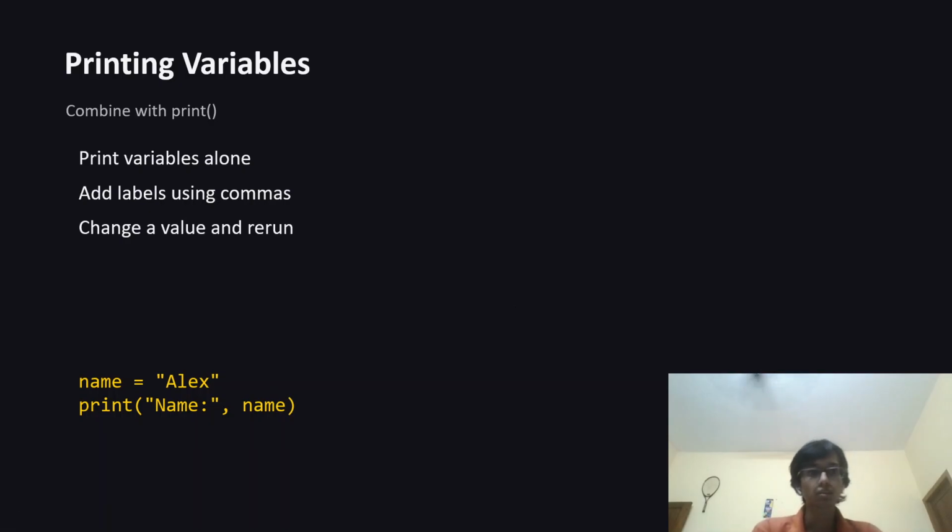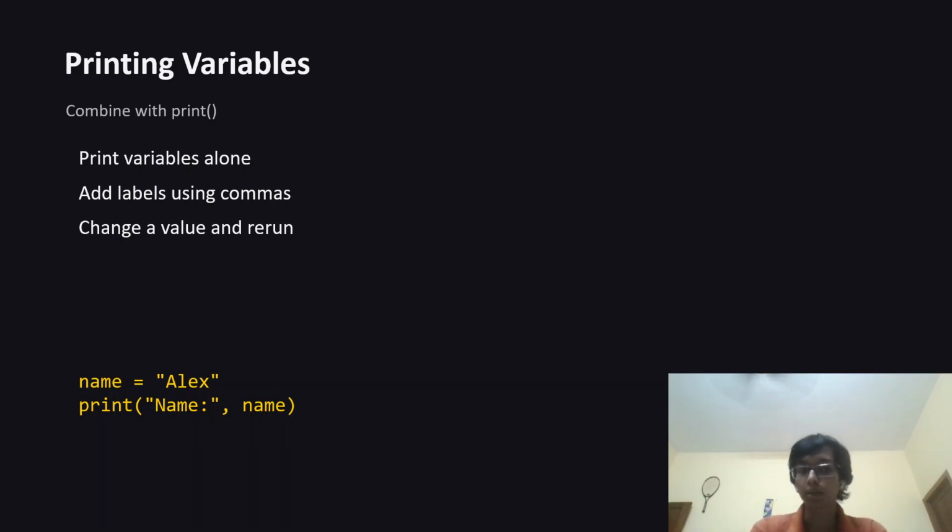So printing variables. We can print variables with text also, like how we did in the print function. We can do the same here with a comma, like how we did pairs in the print function. We did text pairs, text-number pairs, combinations like that.